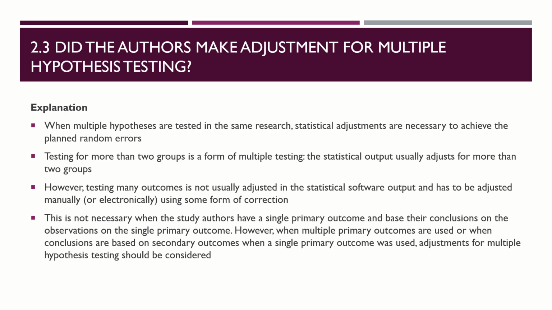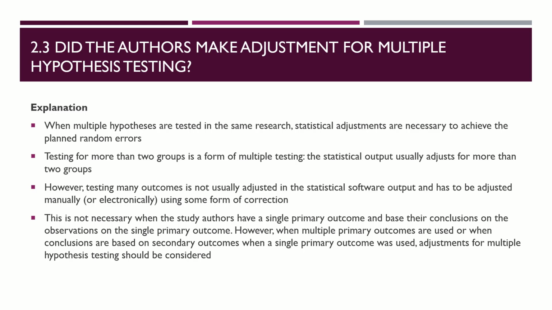Signaling question 2.3, did the authors make adjustment for multiple hypothesis testing? What do we mean by this? Okay, when you test multiple theories, when multiple hypotheses are tested in the same research, statistical adjustments are necessary to achieve the planned random errors.